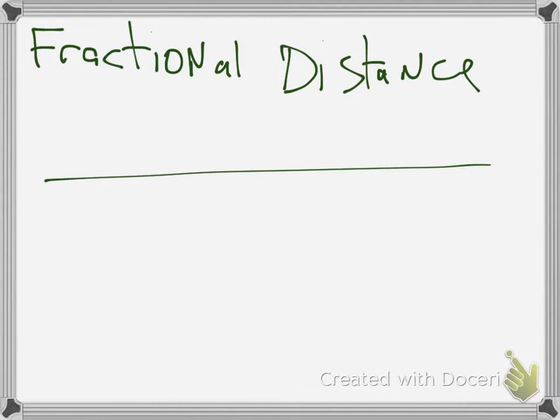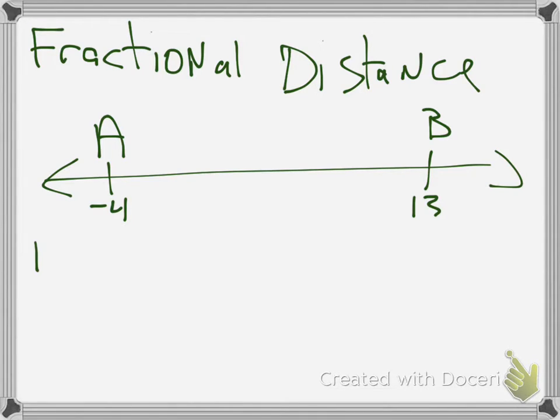Okay? And just to kind of give you an example, if I had a number line, let's say here at -4, that's A, and let's put B here, at 13. What's the distance?